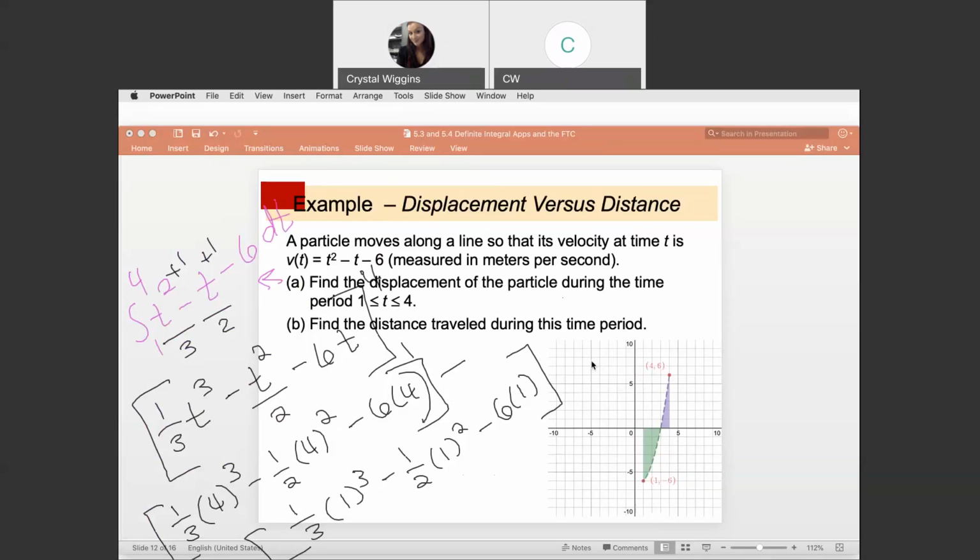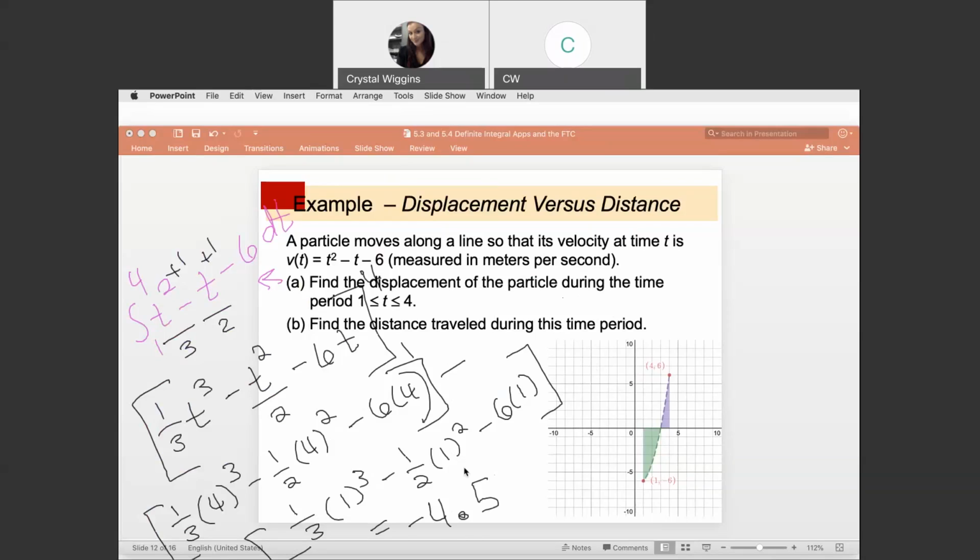Then we are going to subtract 1/3 times 1 to the third power, which is 1, minus 0.5 times 1 squared, which is just 1, minus 6. So if I put this in my calculator correctly, the displacement comes out to negative 4.5.